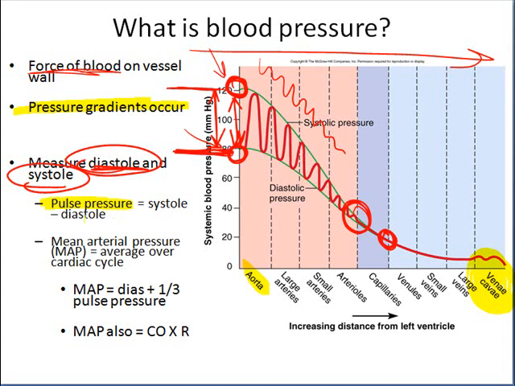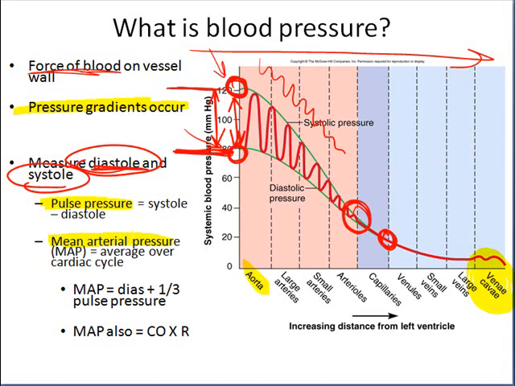Well, because pulse pressure is needed in order to calculate the mean arterial pressure. And mean arterial pressure is basically the average blood pressure experienced in a blood vessel over the entire course of the cardiac cycle, inclusive of both diastole and systole. So we're trying to get sort of an average effect.